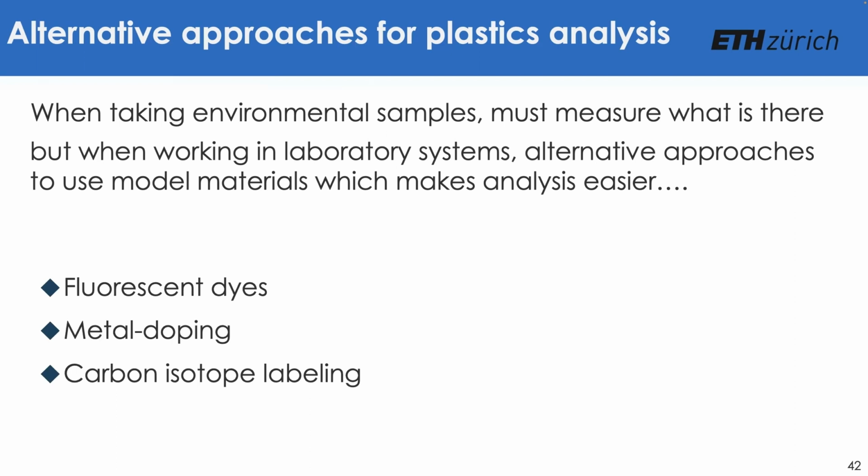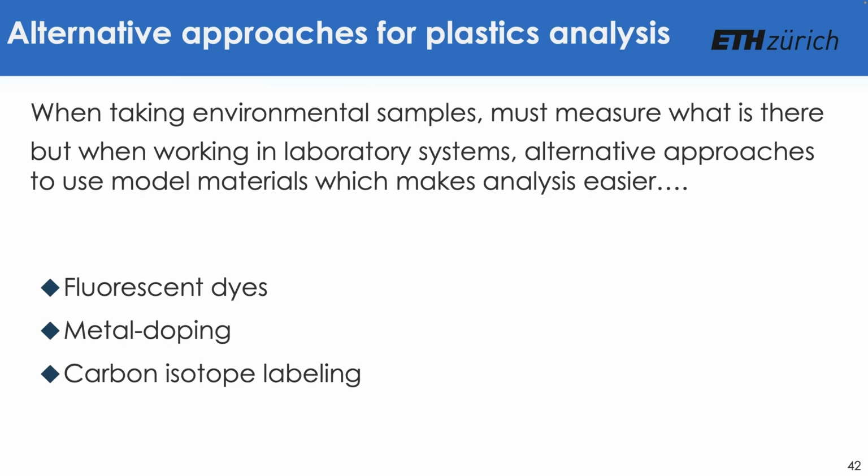In our lab, we have started working a lot with metal doping of the microplastics, putting a trace metal in the microplastics when we synthesize them, so that we can measure this metal as a proxy for the plastic in our different laboratory experiments. And some other colleagues have started to use carbon isotope labeling, using C13 or C14 labeled polymers when they're making new microplastics, so they can follow this radioactive carbon through their environmental system.